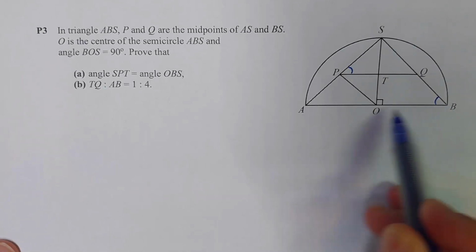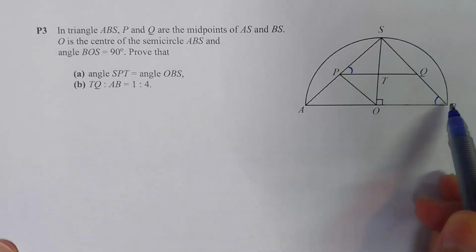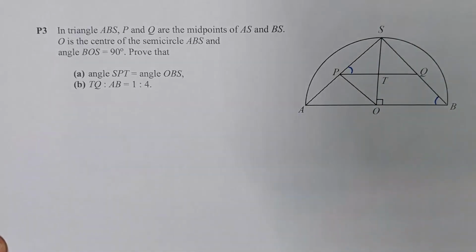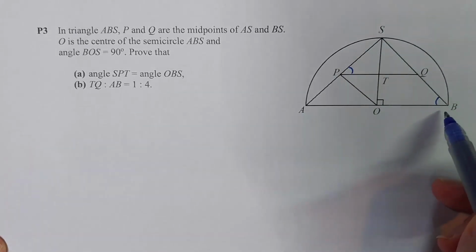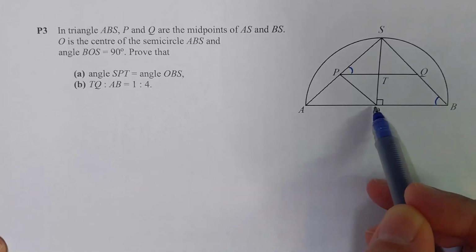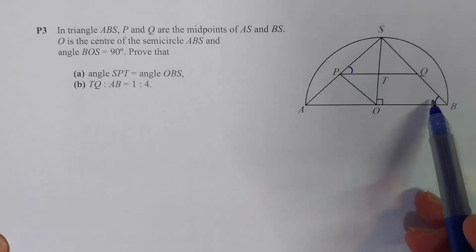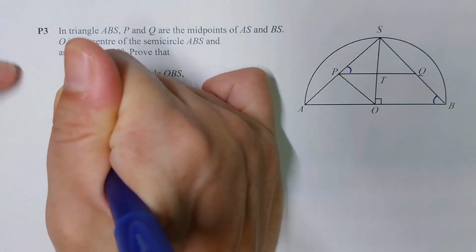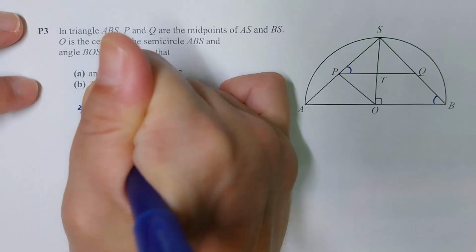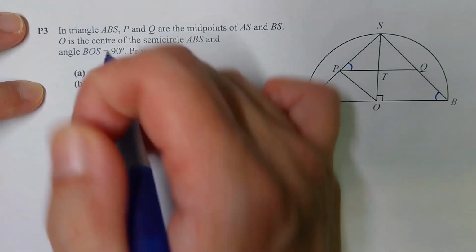Angle SOB is 90 degrees. OS, OB, OA are all radii. So we know that triangles OSB and OAS are all isosceles triangles. And what is the value of this angle here? Angle OBS will be equal to OSB as well.